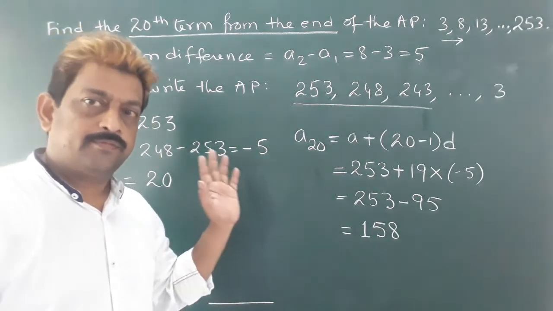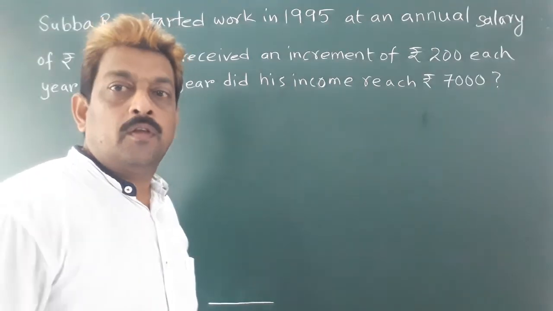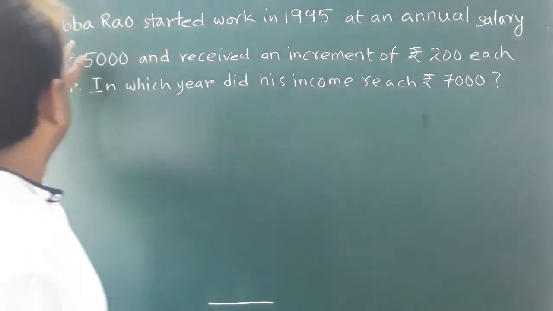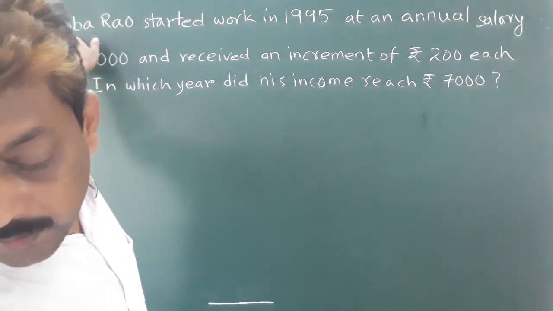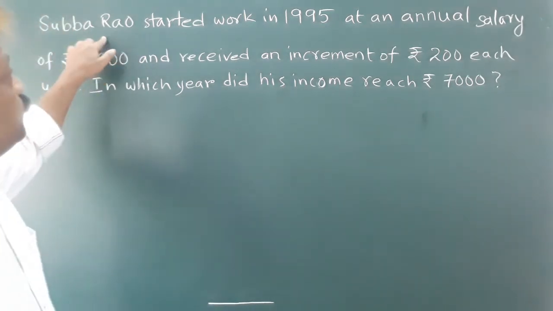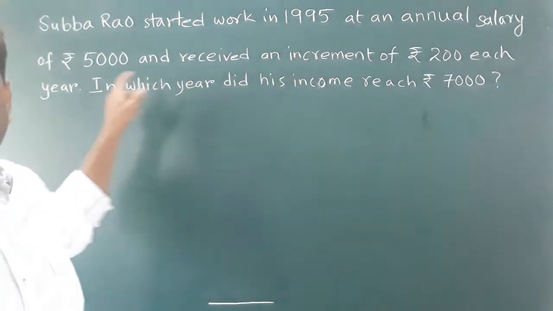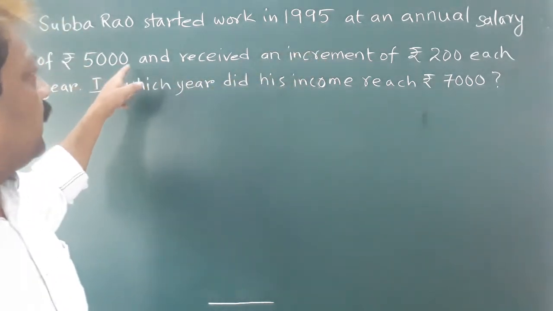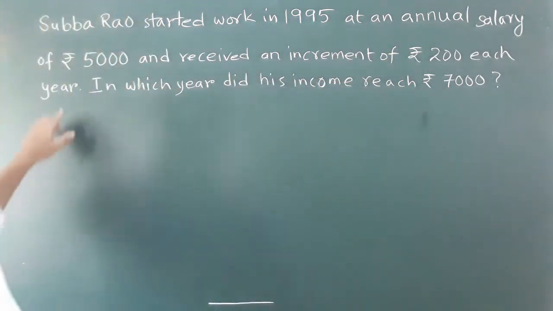Is it clear? Good. Now, next, another sum. But this is another question. Subbarao started work in 1995 at an annual salary of rupees 5,000 and received an increment of rupees 200 each year.